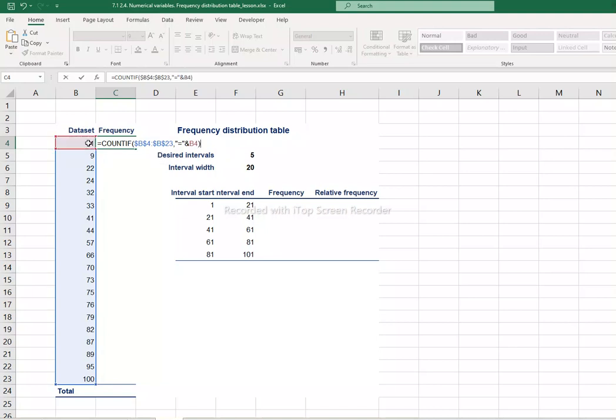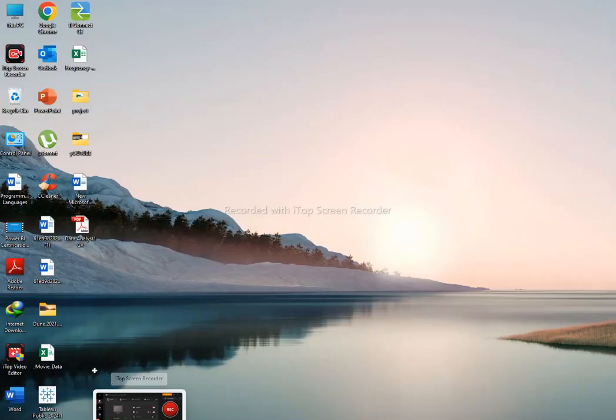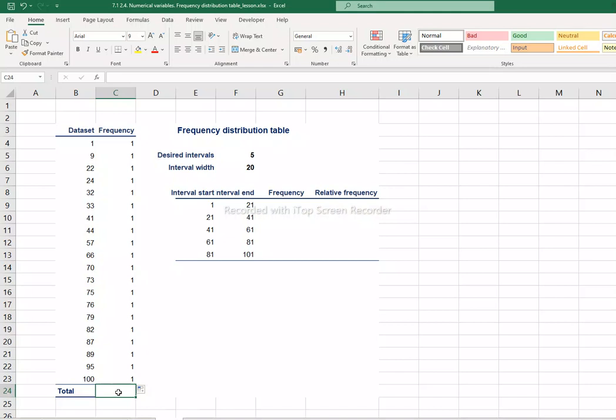This gives us the frequency of 1. 1 appears only one time here, so we can copy this formula downward, and as we can count, these are 20 numbers, so the total is 20.